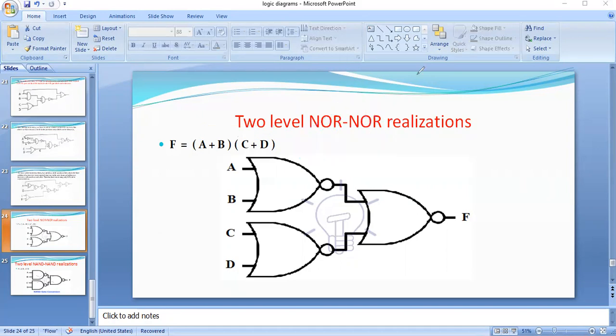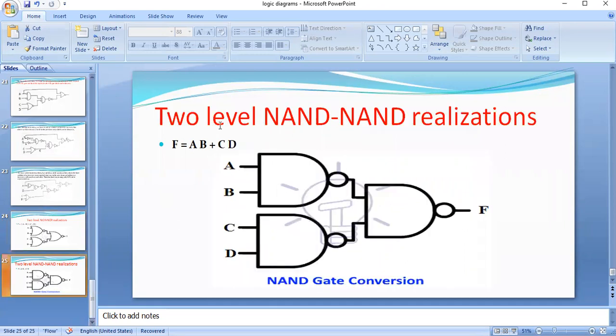Okay. And next, I'm taking one more example, that is NAND realization, two-level implementation. See here, F is equal to AB plus CD.